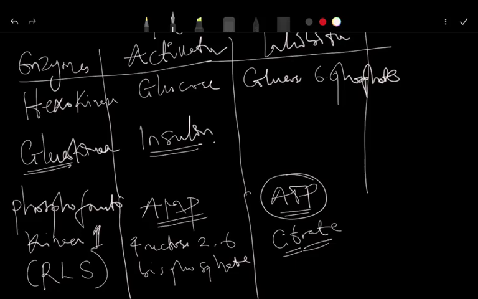It's very, very important. Fructose 2,6-bisphosphate, very, very important. I can't overstress that. Please, fructose 2,6-bisphosphate is a more powerful activator of PFK1 than even AMP.